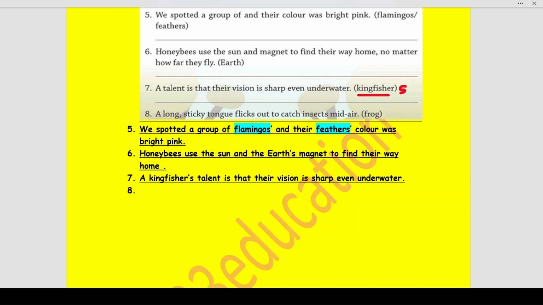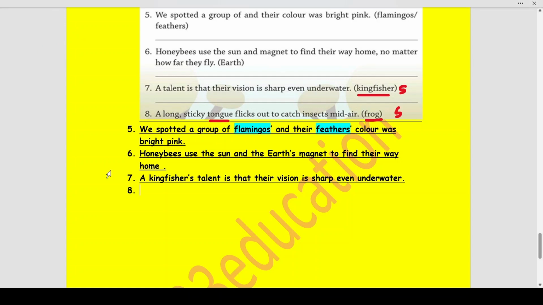Now, what is the next one? A long sticky tongue flicks out to catch insects midair. Whom are we talking about? We are talking about the frog, which is a singular noun again. Okay, so what about the frog are we talking? We are talking about the frog's tongue. So, how will we write?